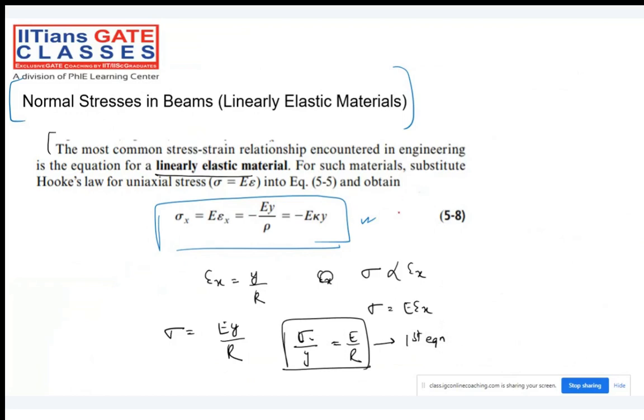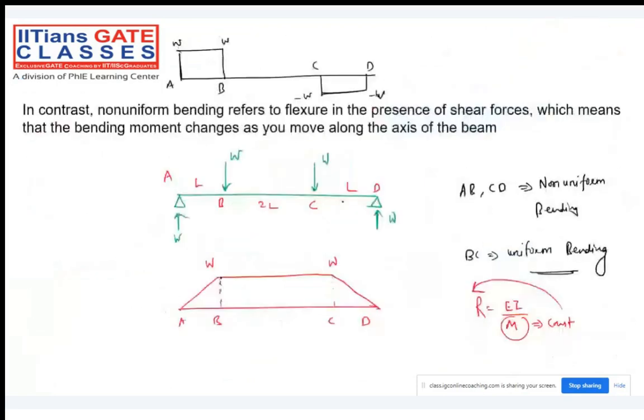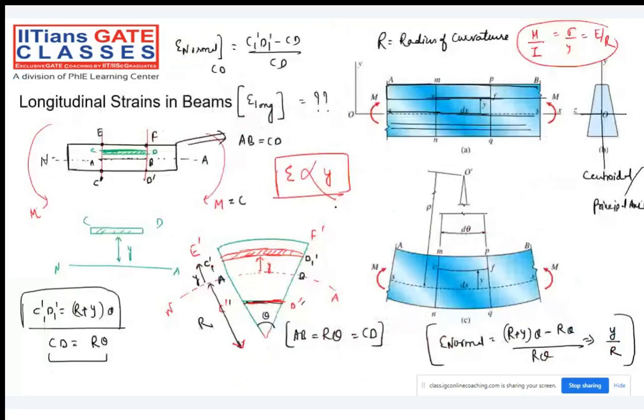Now don't worry about the minus sign, because they might have considered it in this particular question. Let me check why they have written minus. In this one they have considered the layer above the neutral surface. For a layer above the neutral surface, anybody in the class can tell me the final length will be lesser than the initial length. So the strain will be minus. That's why they have kept the minus sign.